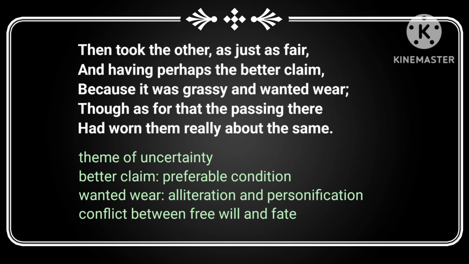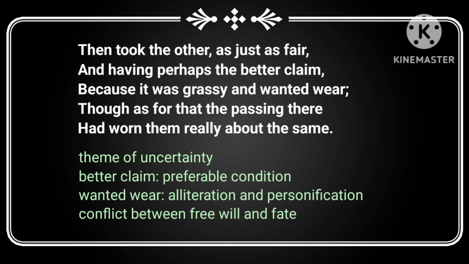An alliteration is a figure of speech where two words that lie side by side begin with the same letter. So, wanted wear, both the terms begin with the letter W, that is why it is an alliteration.